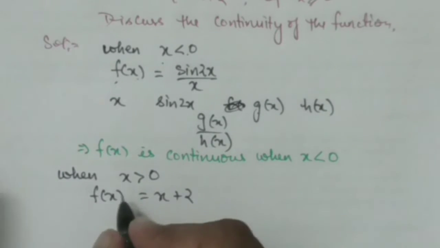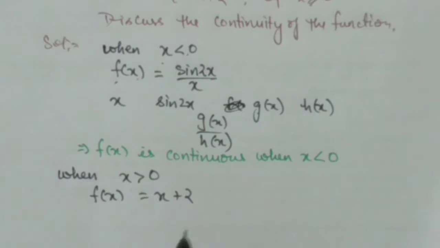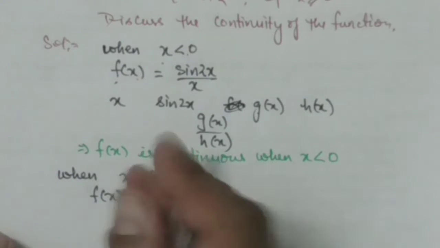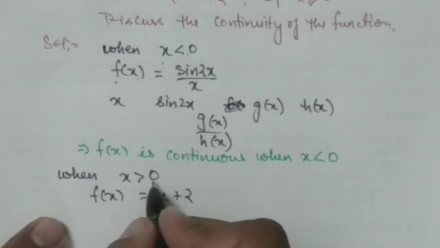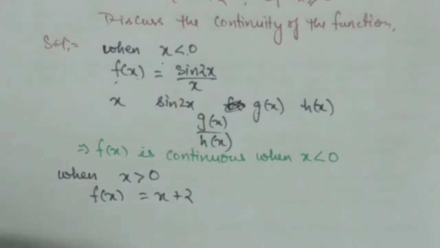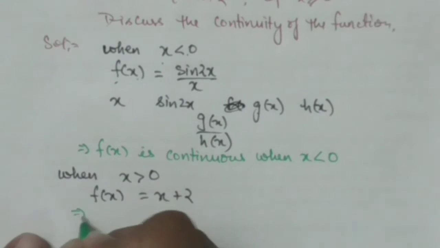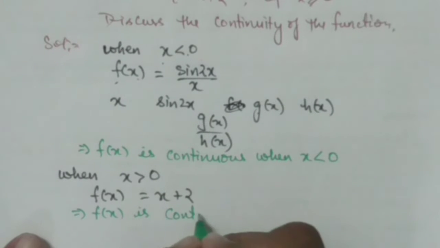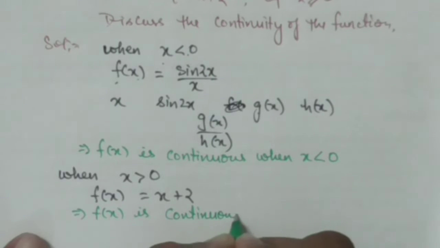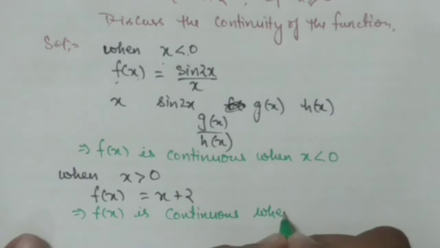We know that it is a property that polynomial functions are continuous. So when x is greater than 0, f(x) is continuous.